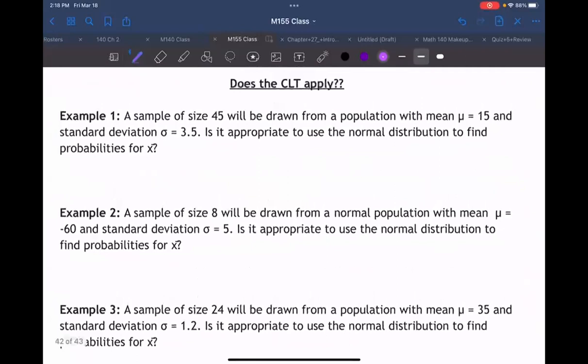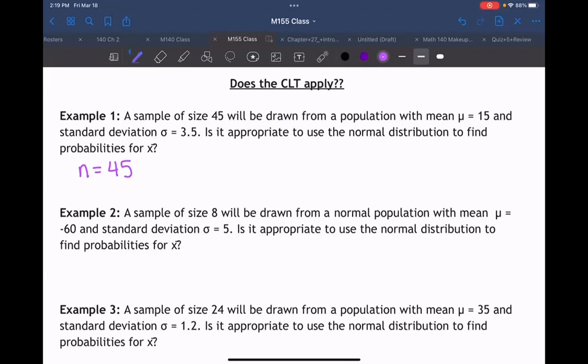Okay. Let's read this one. Example 1. We have a sample of size 45, so n here equals 45. We're drawing this from a population that has a mean of 15 and a standard deviation of 3.5. So the question here is, does the central limit theorem apply?